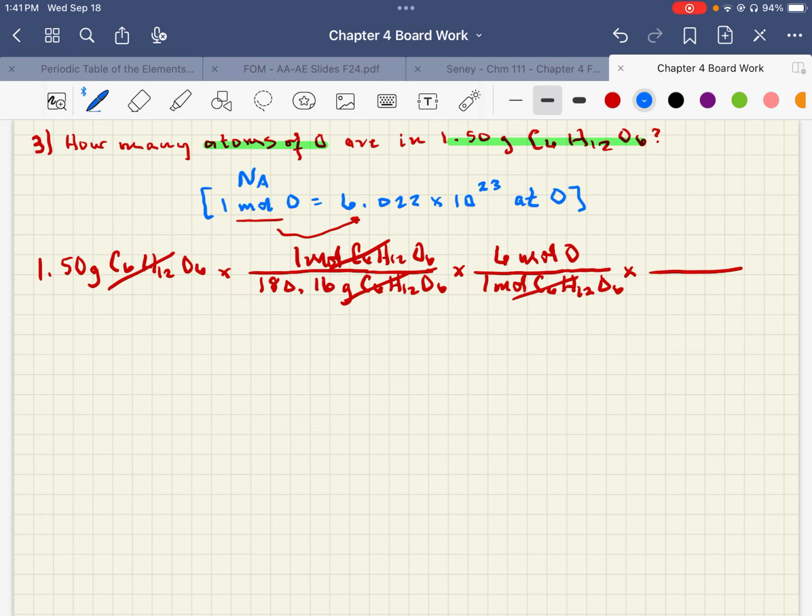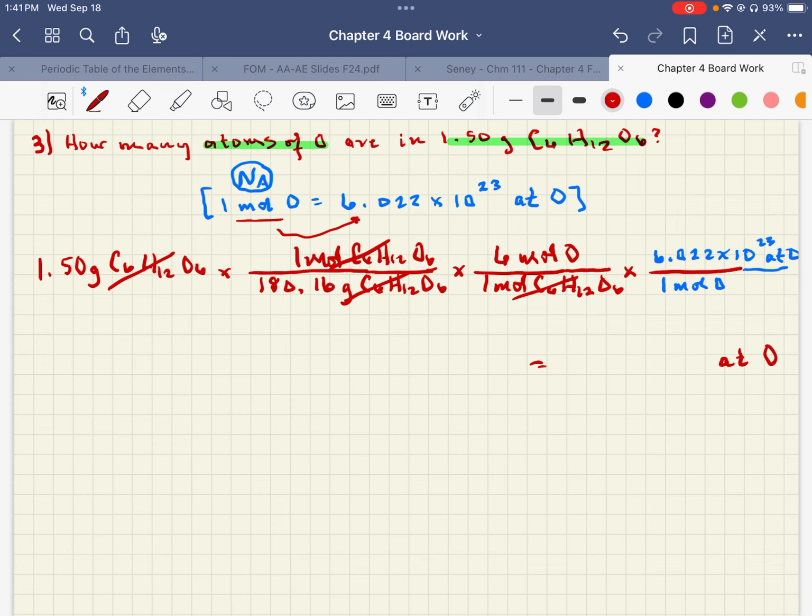And in this last step, we're going to use the Avogadro number conversion. So I want moles to cancel. I've got moles on the top. That means I've got to put moles on the bottom. So for 1 mole of oxygen, I would have 6.022 times 10 to the 23rd atoms of oxygen. Now my answer in this case will still have 3 sig figs, but it will be in terms of atoms of oxygen.